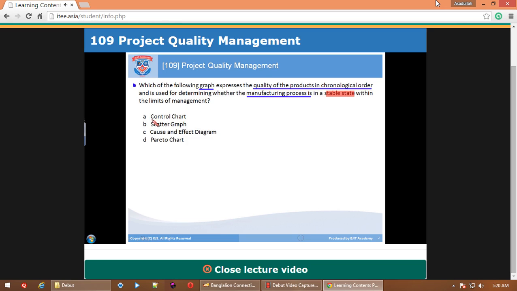The answer options are control chart, scatter graph, cause and effect diagram, Pareto chart.